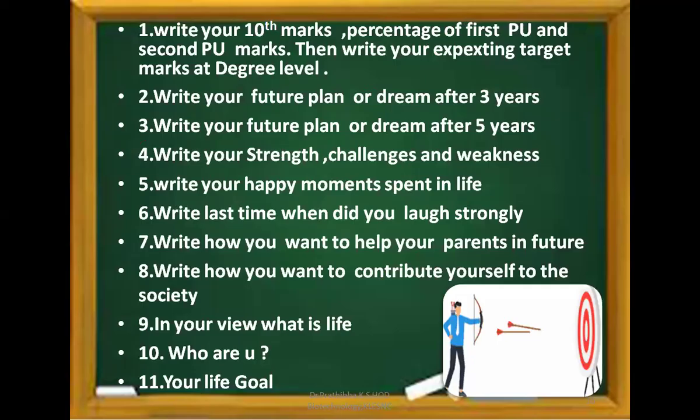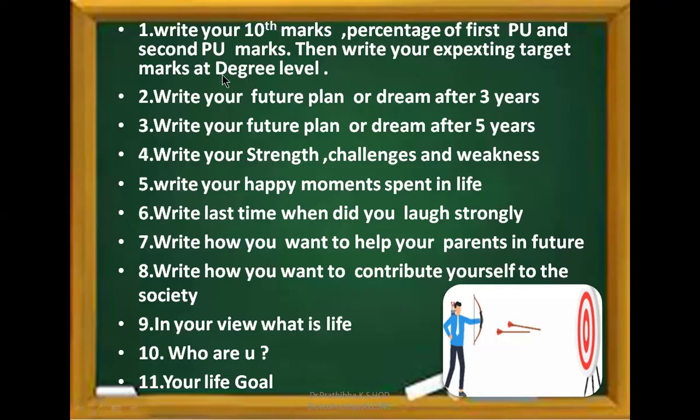And one more thing, once you finish your classes, focus on all these questions and try to answer them. Write in your diary and try to answer. Keep this as your goal. Write your 10th marks card percentage, whatever you secured, in your notebook.